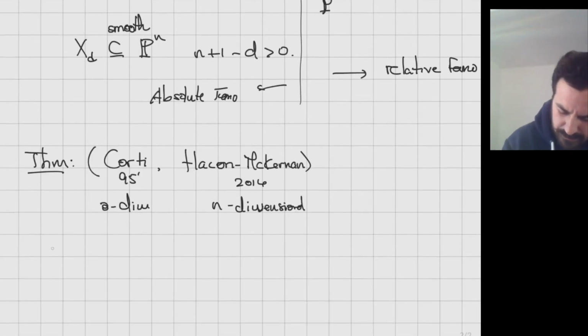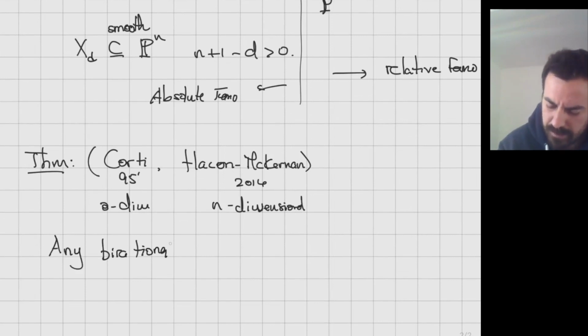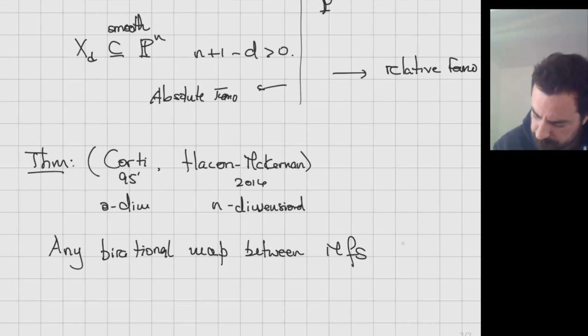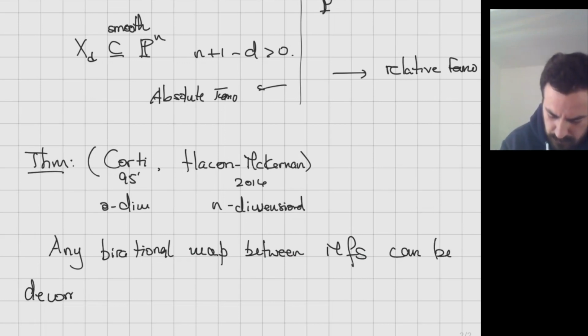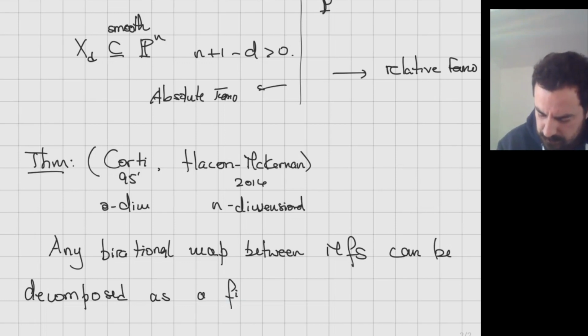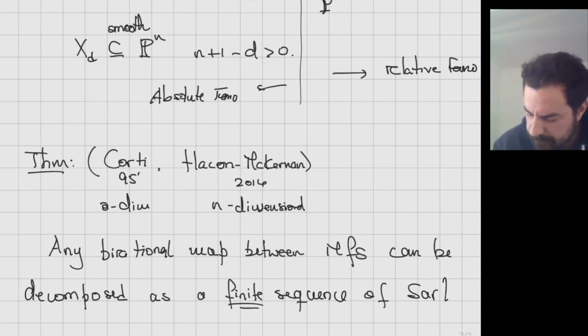So they say that any birational map between Mori fiber spaces can be decomposed as a finite sequence of Sarkisov links.